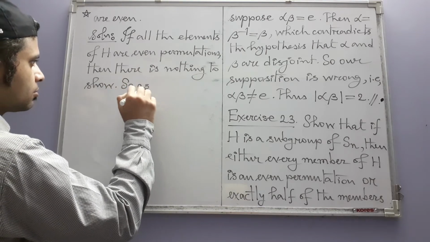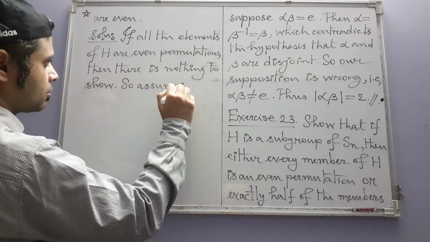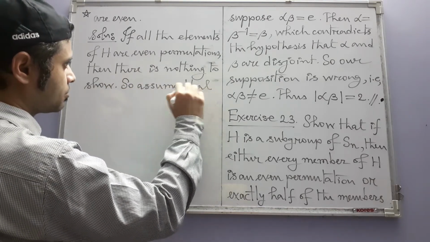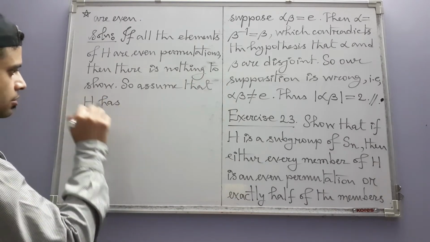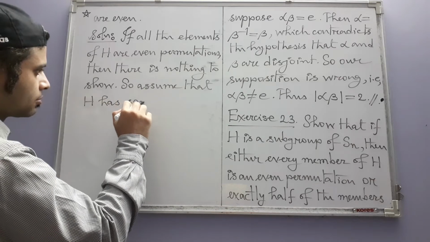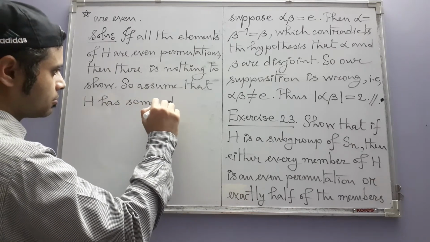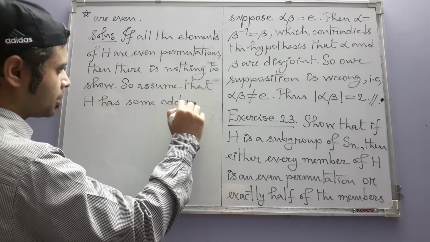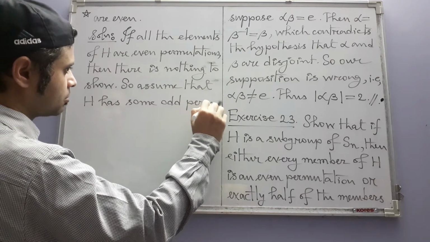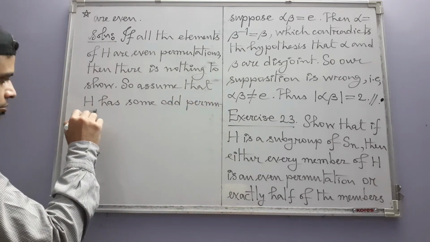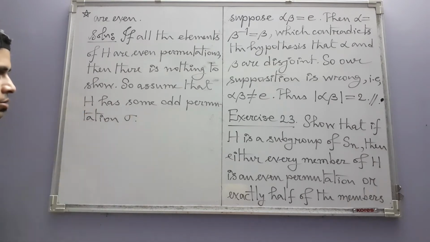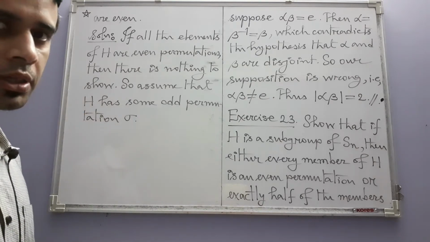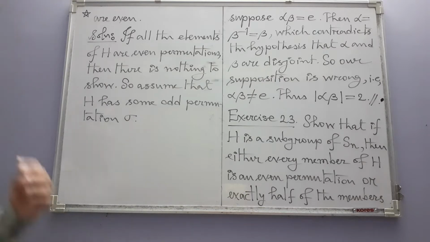So assume that H has some odd permutation. Say sigma. Sigma is an odd permutation that is in H.